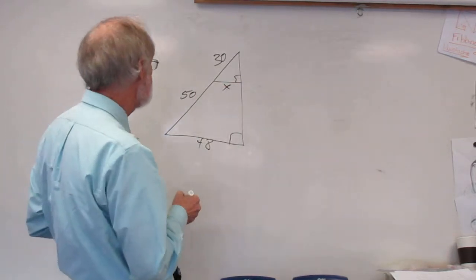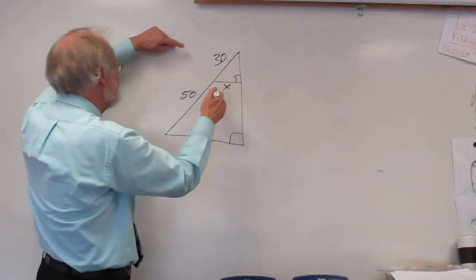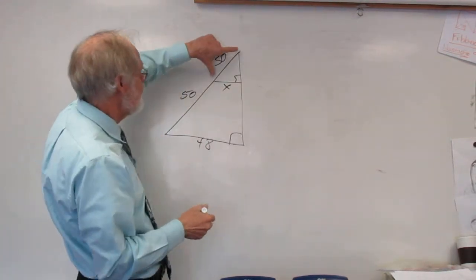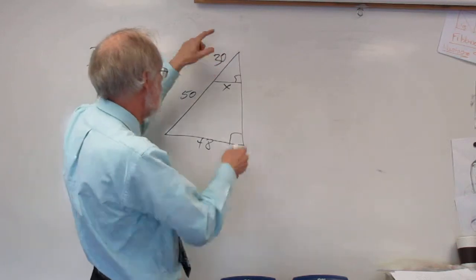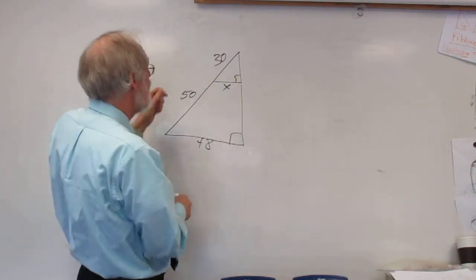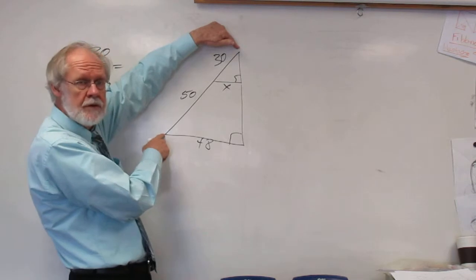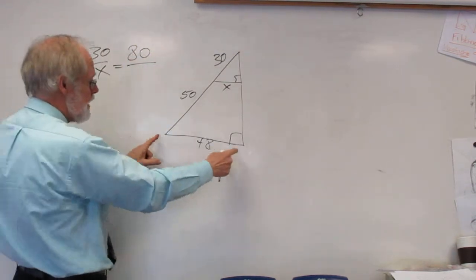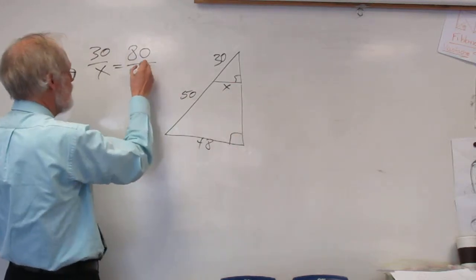All right, so we're going to say 30 is to x as, now that's the side of the small triangle to the base of the small triangle. That's going to be proportional to the side of the big triangle, which is 80, over the base of the big triangle, which is 48.